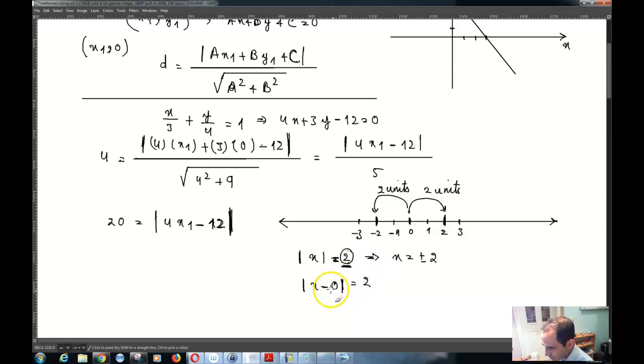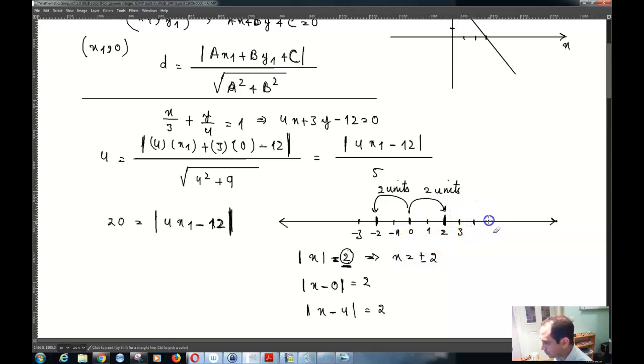So now instead of this 0, I can really use any number or any expression. I can write, for example, the absolute value of x minus 4 is equal to 2. That means that x is a point such that the distance of that point from positive 4 is 2 units.